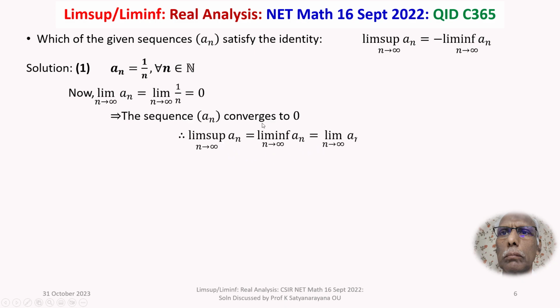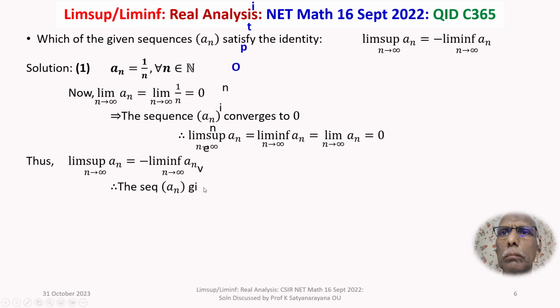So the limit superior is 0, the limit inferior is 0. Therefore, limit superior of a_n is equal to minus limit inferior of a_n is satisfied because both are 0. Therefore, the sequence given in option 1 satisfies this identity.